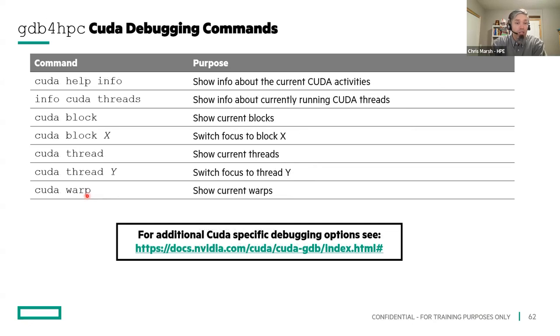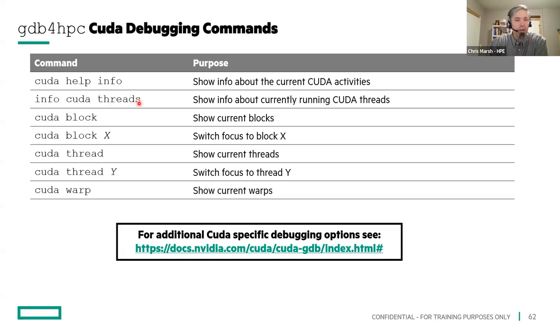Okay, so for GPU specific stuff, and not just GPU, but CUDA specific stuff, there are some CUDA specific commands that we have access to. So there's a CUDA help info, and that's a little bit just like the regular help. It'll show you specific things you can do with CUDA. And there's also info CUDA threads.